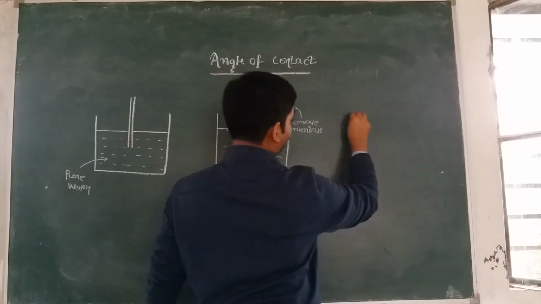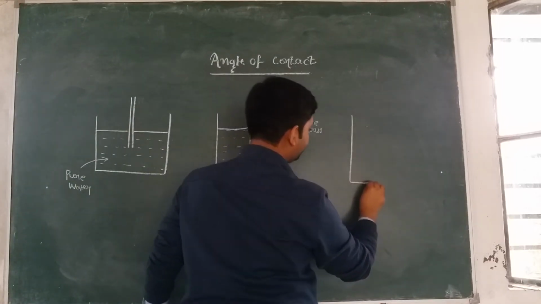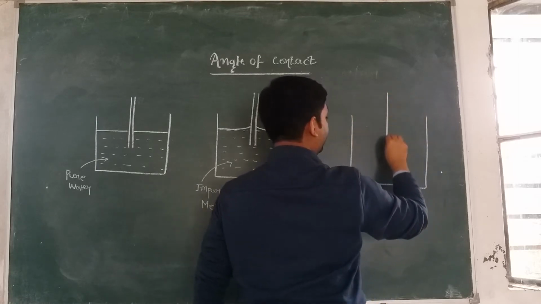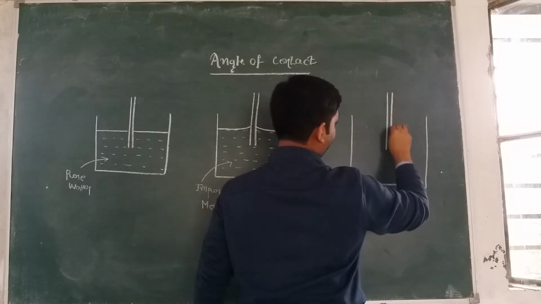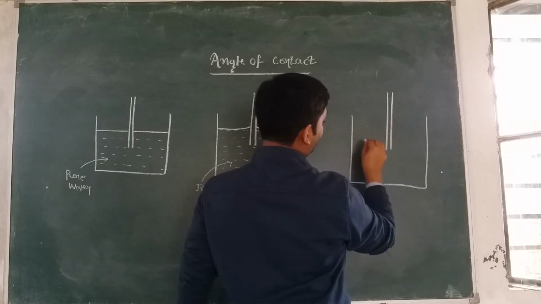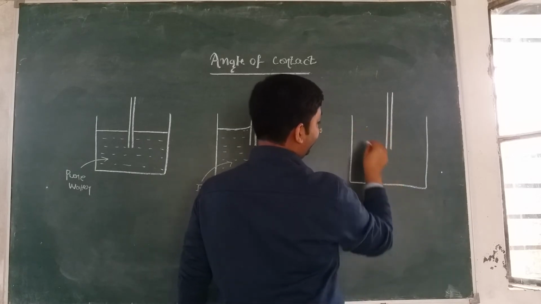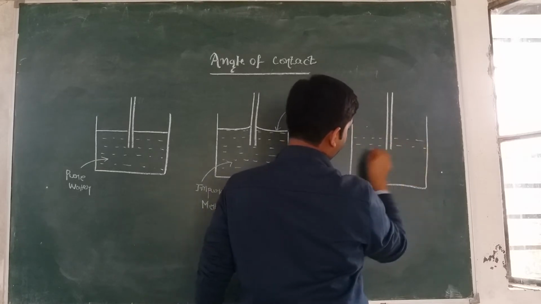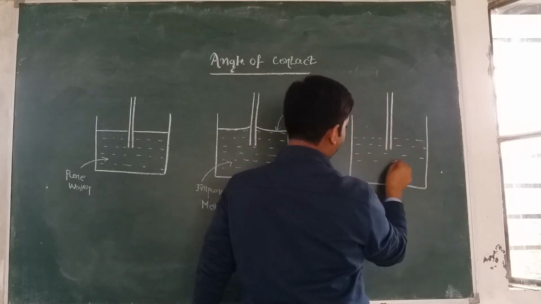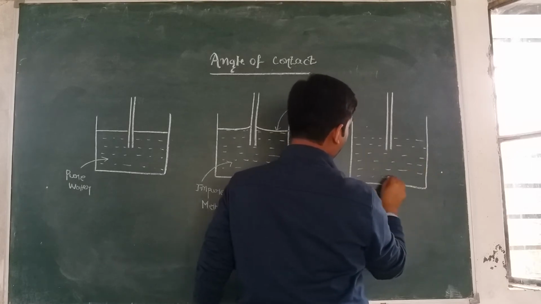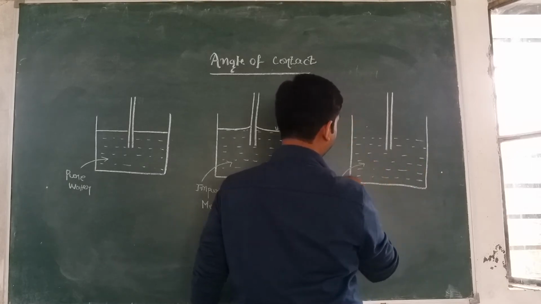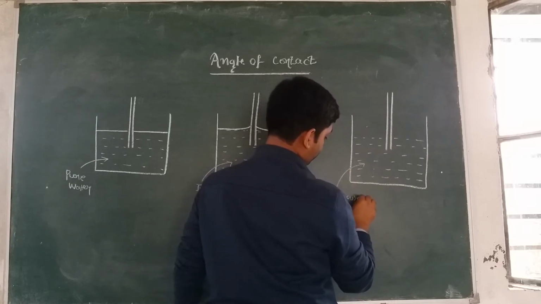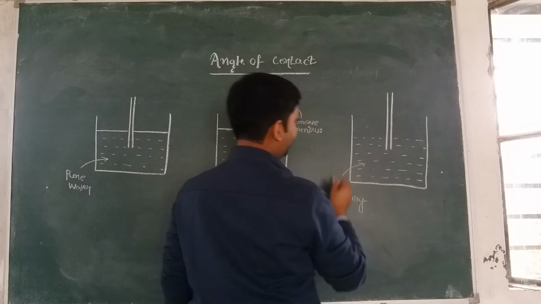Now suppose I take another container and we dip a thin glass tube again like this, and now the liquid that we will take inside this is mercury. So let's say the liquid is filled inside this, and this time the liquid is mercury, right?